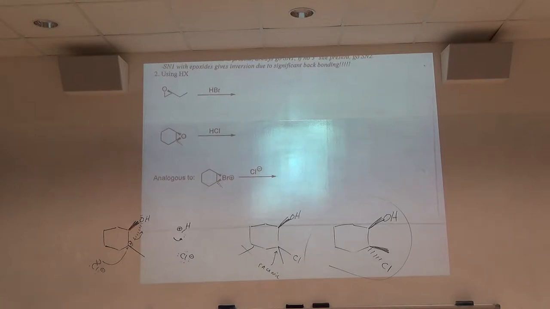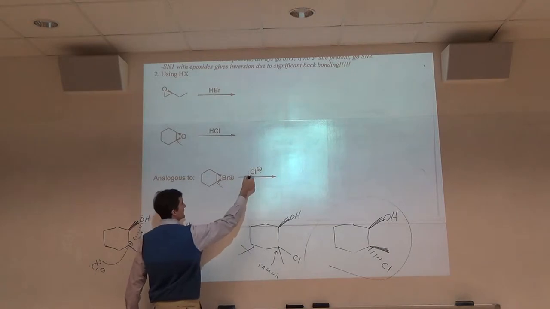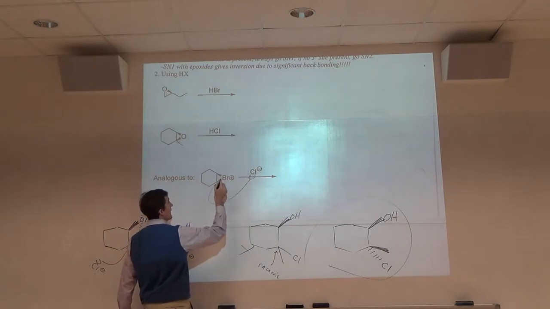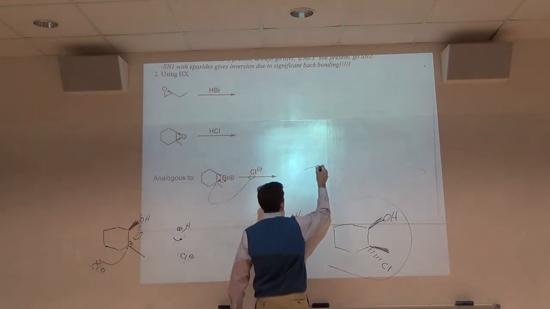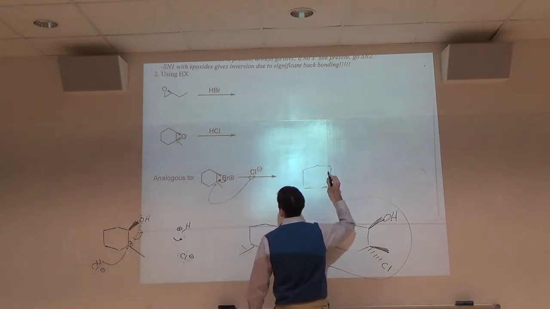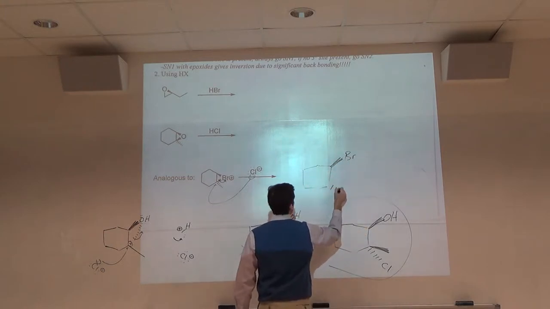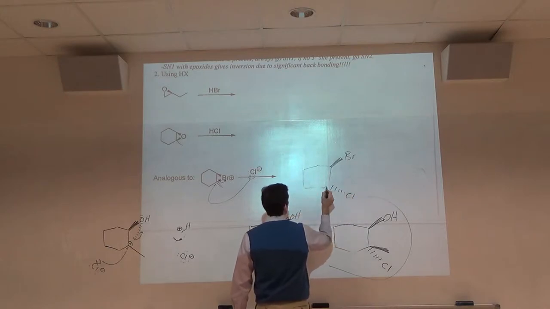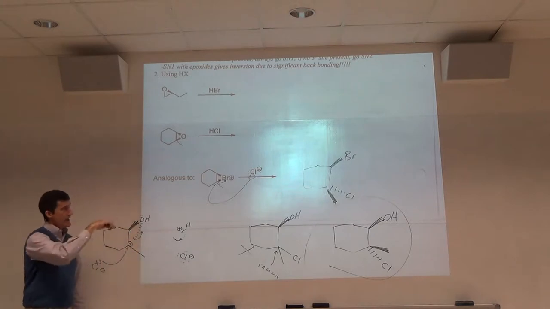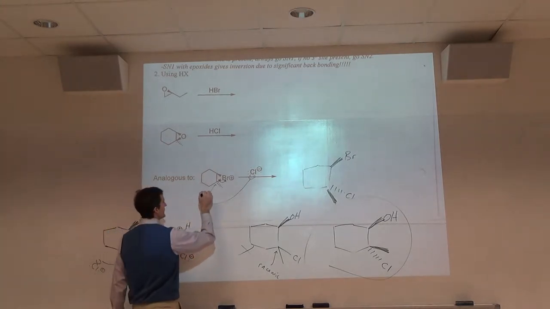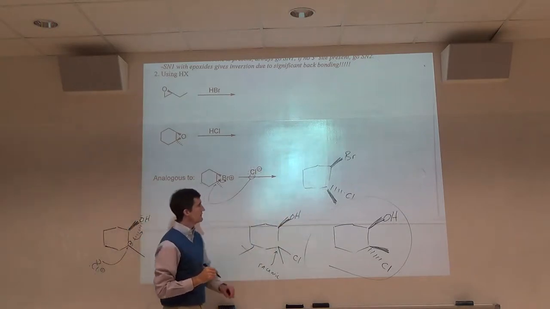If chlorine came in, like if you're reacting with BrCl, you would come in here, we'd kick this off, and we would get, this would be bold, this chlorine would be dashed, methyl would be bold, and this is if we reacted alkene with like BrCl, mixed halogen.